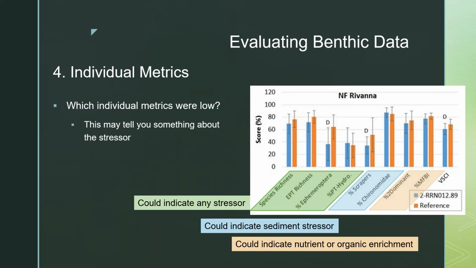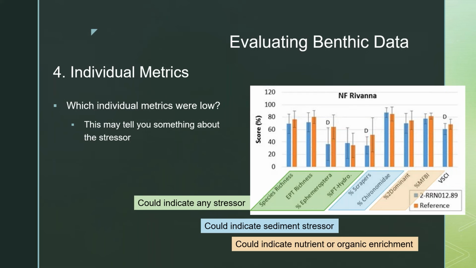Scrapers aren't able to cleanly scrape periphyton growth from the tops of rocks because maybe that's getting smothered by excess sediment. And then the chironomids, those are a species that really like to dominate in sediment-rich conditions. And so if their numbers are very high, that may again be an indicator of potential sediment stressors.